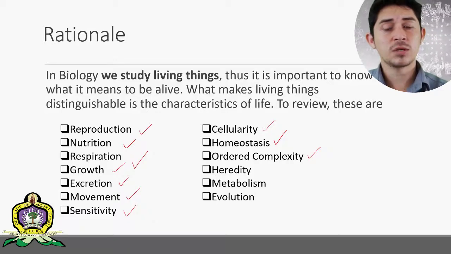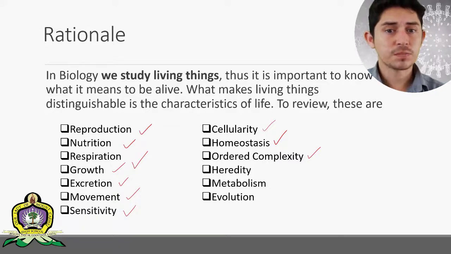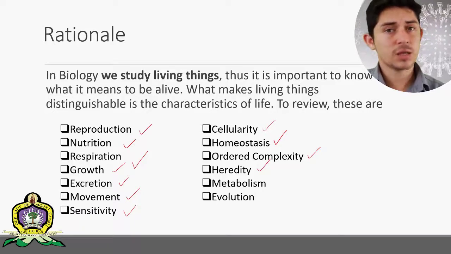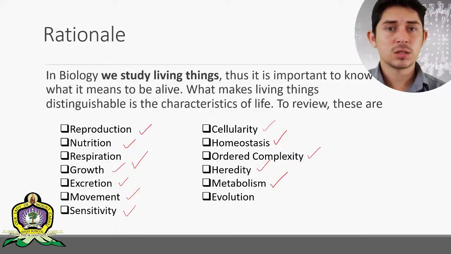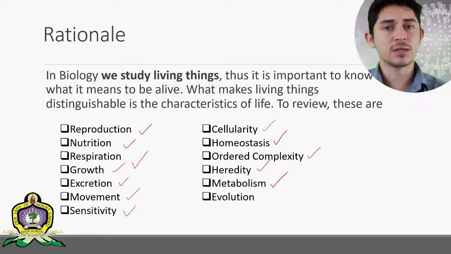Are the atoms forming molecules, the molecules forming macromolecules, the macromolecules forming organelles, the organelles forming the cells, and so on? Do they have DNA? That is part of heredity. Do they undergo metabolism, which is similar to the utilization of energy? Do they have chemical reactions going on within their bodies?